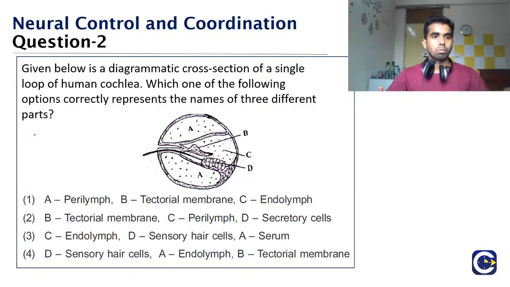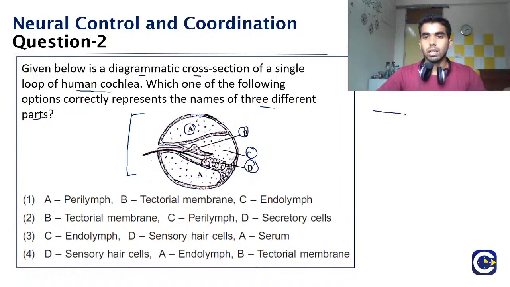Now coming to question number 2. Given below is a diagrammatic cross section of a single loop of human cochlea. Which one of the following options correctly represents the names of the 3 different parts? So this is the structure of the cochlea, and you have to identify the parts A, B, C and D. See, this is the skull bone.